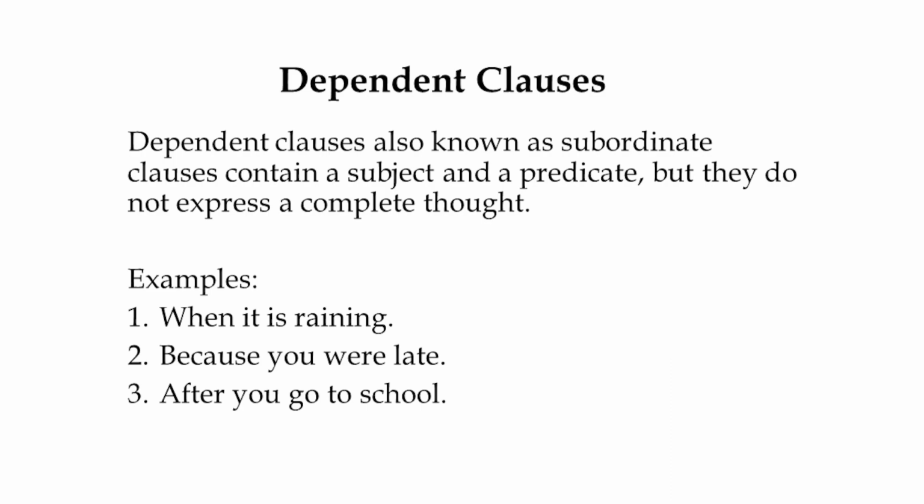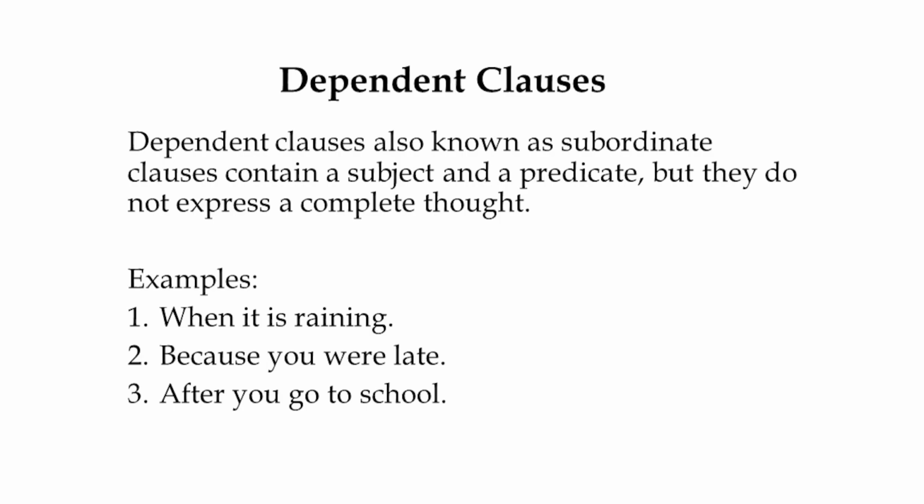Example, when it is raining. Here, we have a subject, it, verb, is raining. So, subject plus verb, it fulfills the condition, the rule of a clause, whereas regarding meaning, it has to rely upon another sentence.